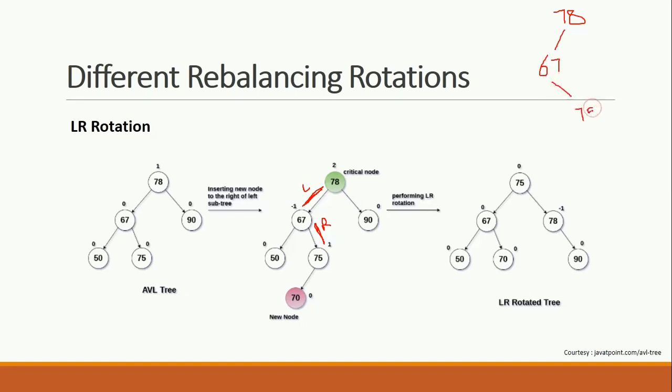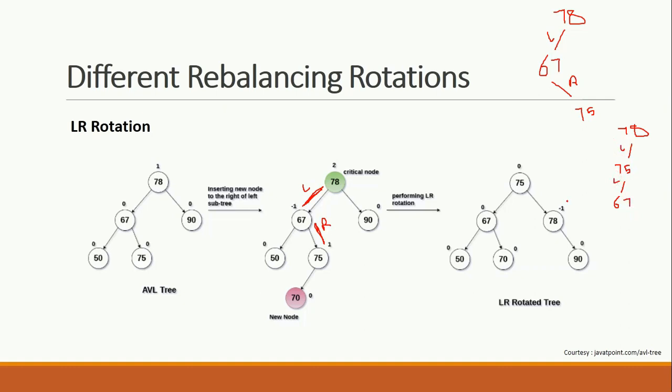If I do an LR rotation here, it is an LR. First I have to convert it into LL. So 78, 75, and then 67. See, it is now an LL.